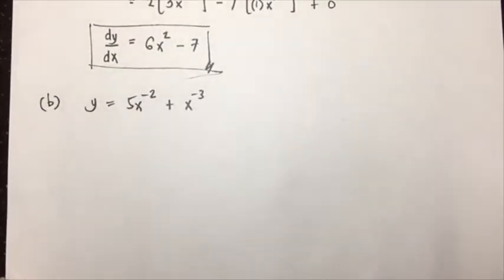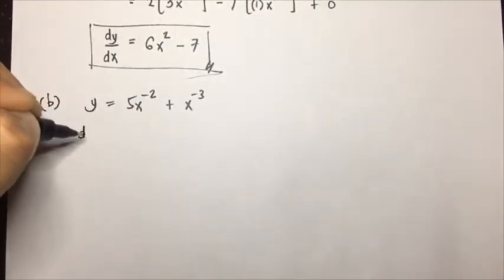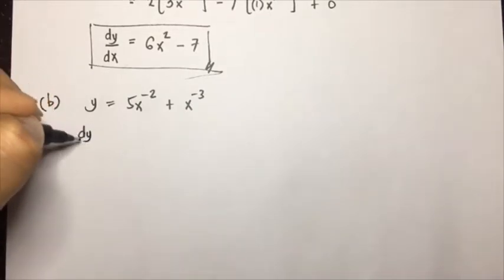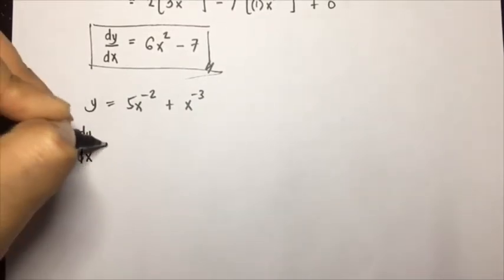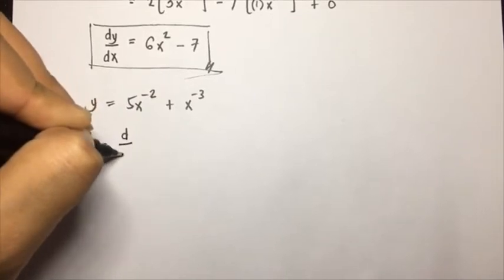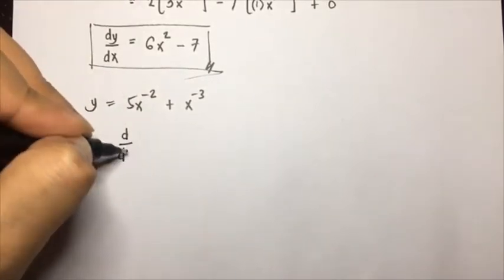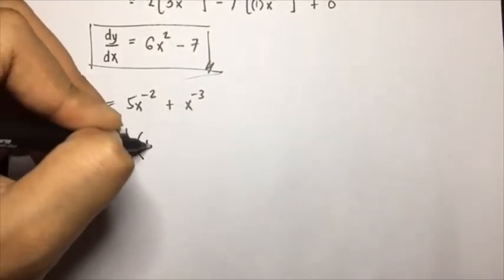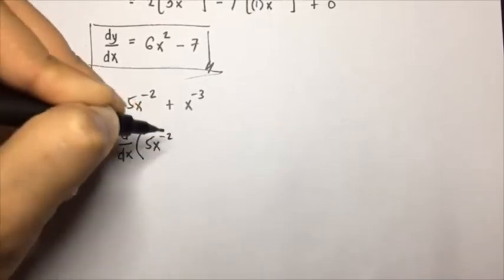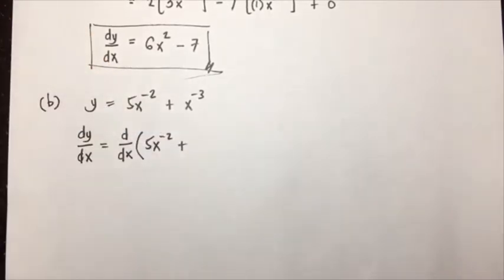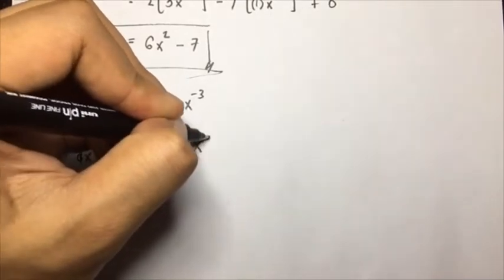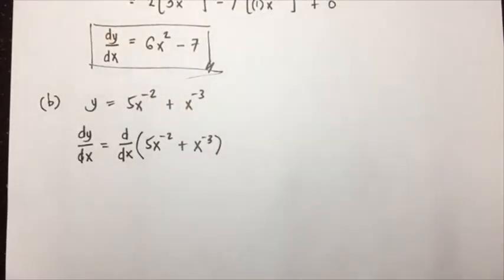Finding the derivative, dy over dx is equal to d with respect to x of 5x to the negative 2 plus x to the negative 3.